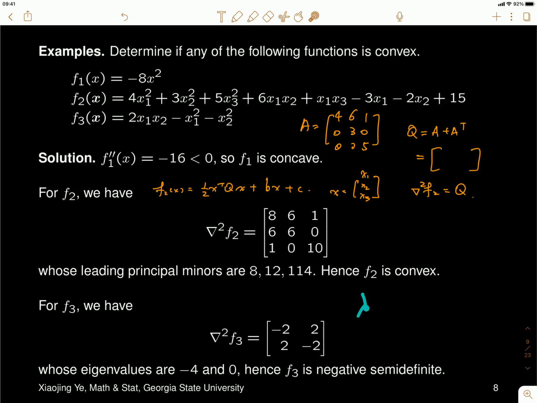Just take lambda I minus this matrix and check the determinant, and solve for lambda, and you get two values. One is -4, one is 0, and that means F3 is negative semi-definite, or negative F3 is positive semi-definite. So in this case, we can claim that F3 is concave, since it's negative semi-definite.